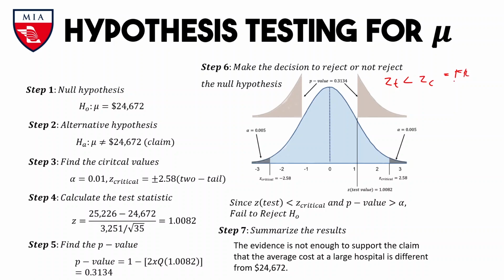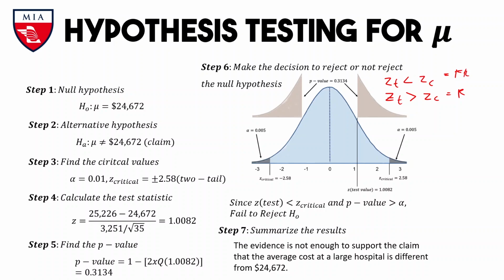On the other hand, if your z-test is greater than your z-critical, you are going to reject your hypothesis. This condition can only be applied on positive values on the right tail.